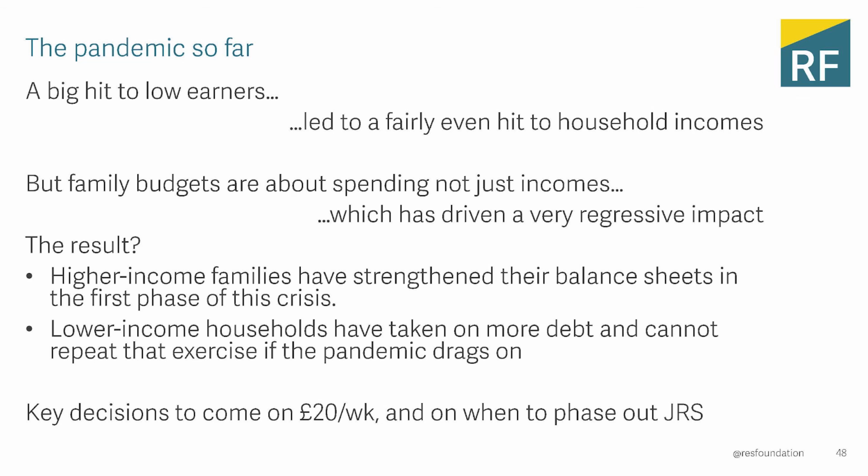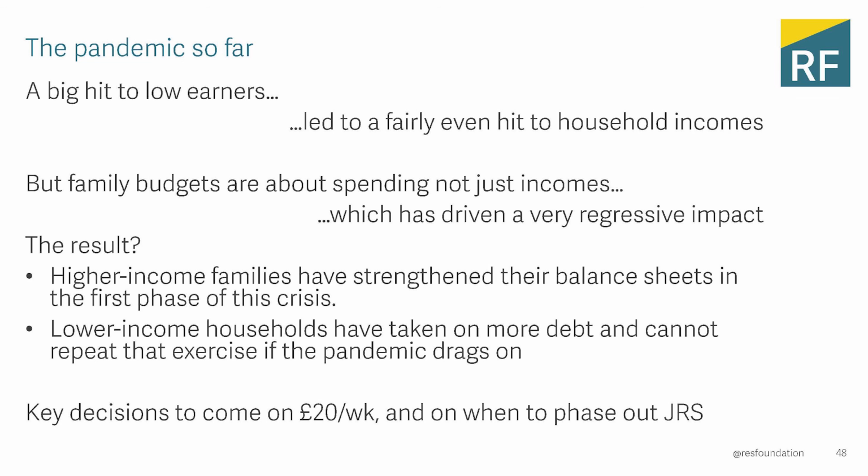And it's this interaction between how spending has changed and how incomes have changed which leads to this really regressive, inequality enhancing impact of the crisis so far. So we see higher income families strengthening their balance sheets on average, lower income households more likely to take on debt. And certainly, the longer the crisis goes on, the more worrying this looks, and the weaker our eventual recovery will be.